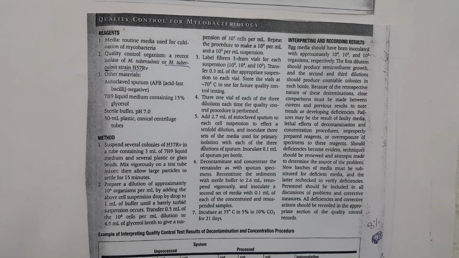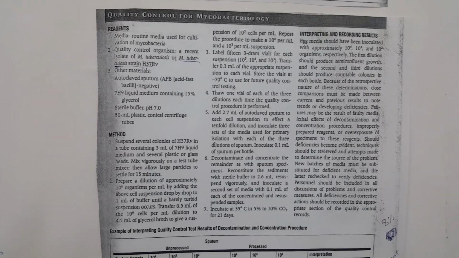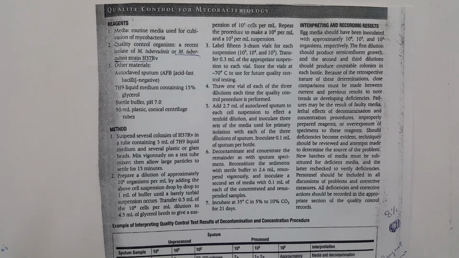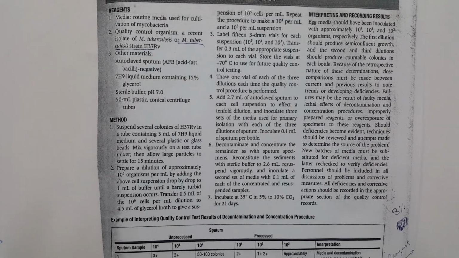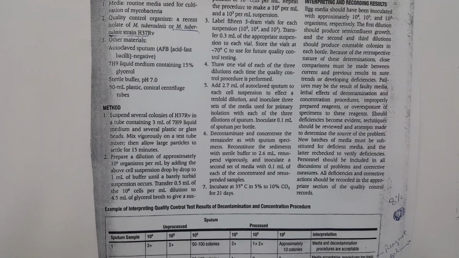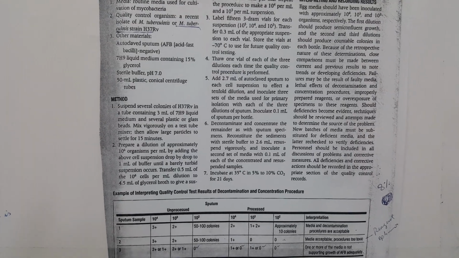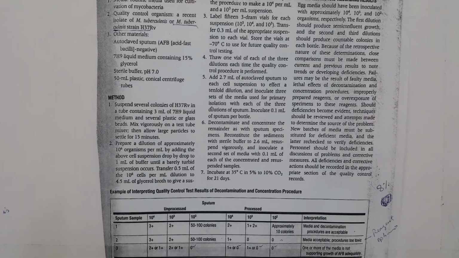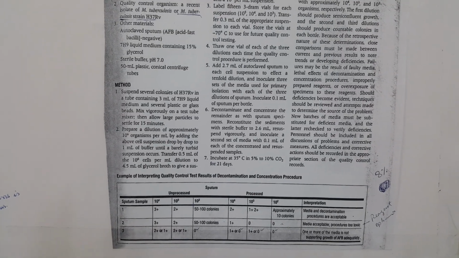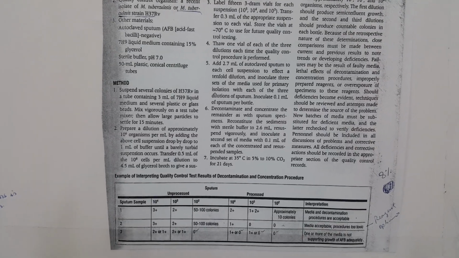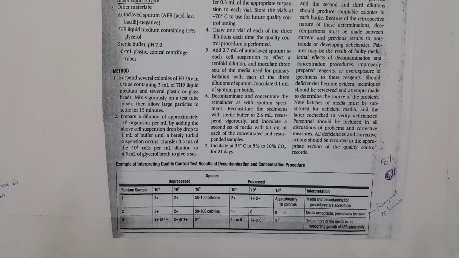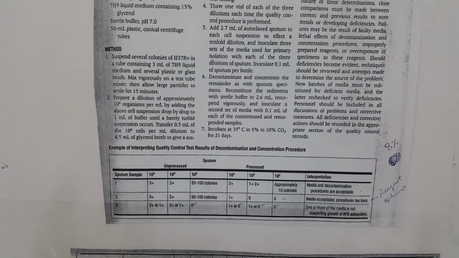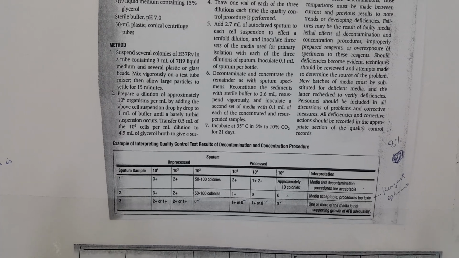For quality control measurement in mycobacteriology, we use the quality control strain M. tuberculosis strain H37Rv, which is widely used in mycobacteriology for quality control for growth purposes. For this organism, we prepare a dilution of approximately 10 raised to power 6 organisms per ml, by adding the cell suspension drop by drop to 1 ml of buffer until a barely turbid suspension occurs.